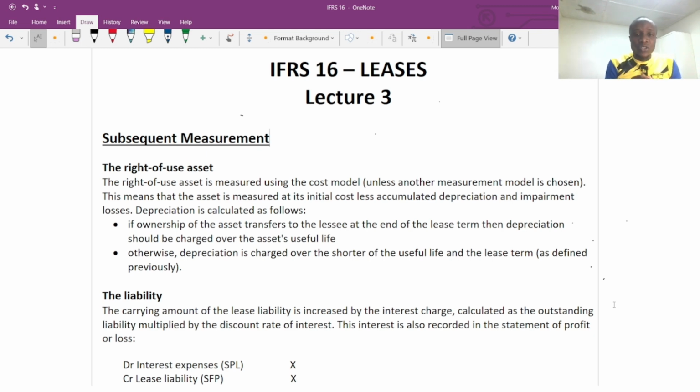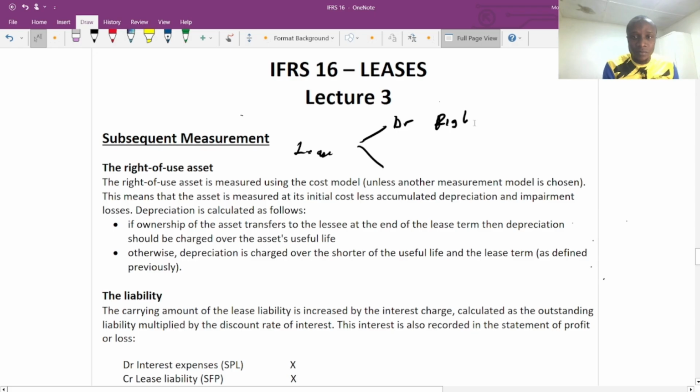For the initial measurement, when there is a lease transaction, the double entry is that we debit the right of use asset and we credit the lease liability.